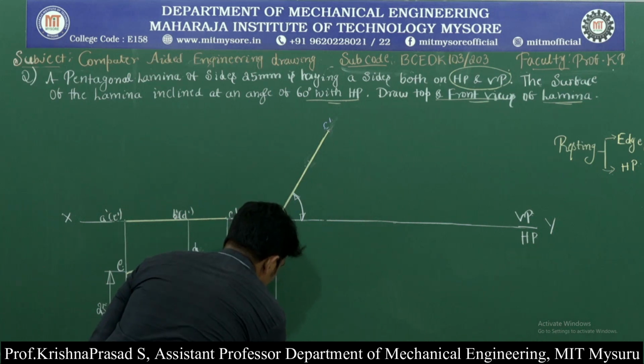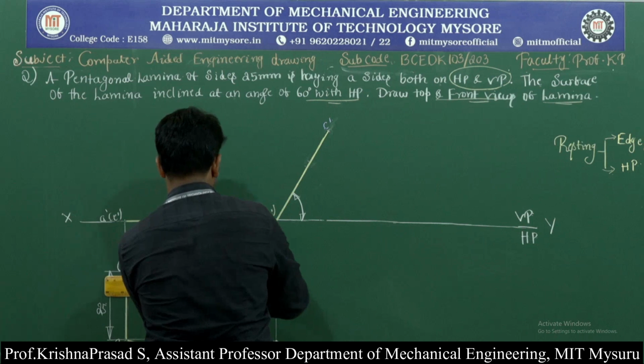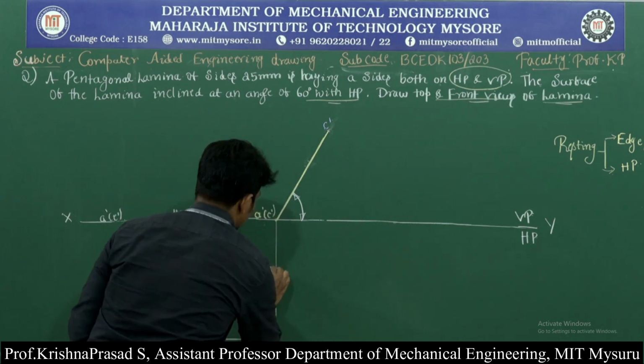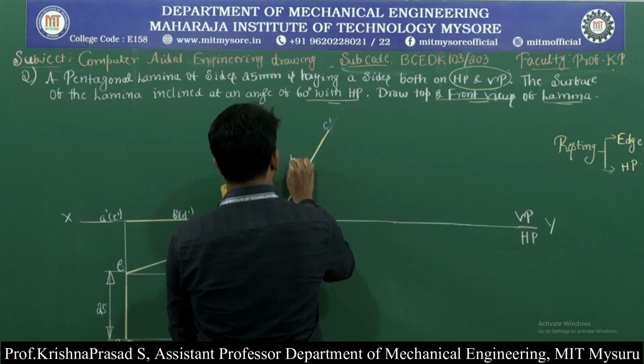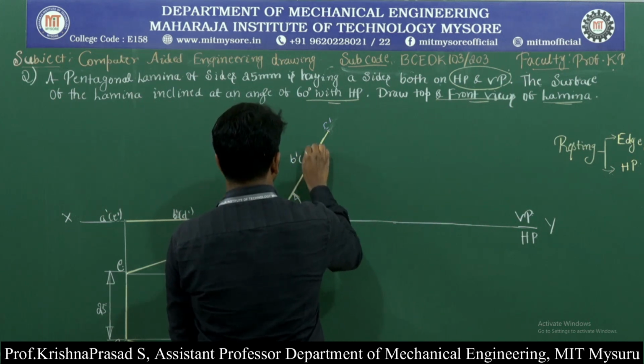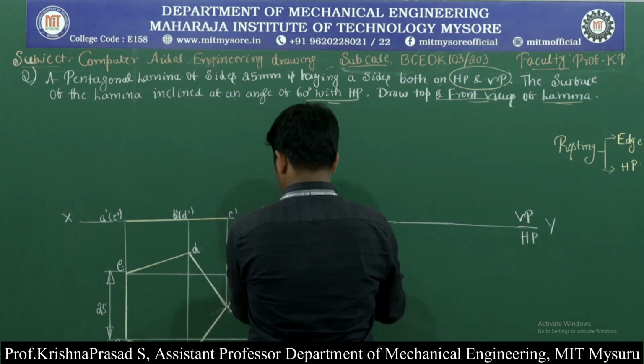This one is called A. Similarly, this is E and meeting at a point E. Then this is called B dash in bracket D dash. Therefore, this is considered as B dash.